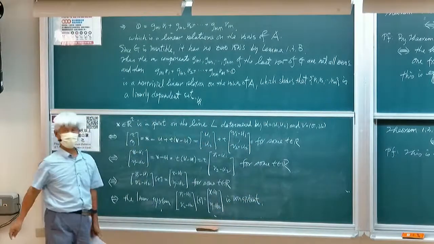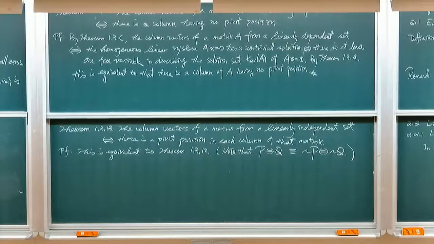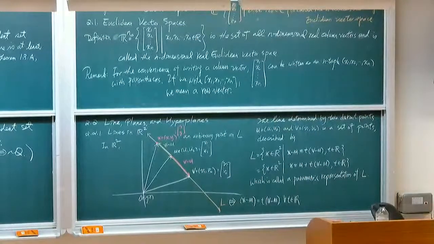So this is our description. A point x is on the line L determined by u and v if and only if a linear system is consistent. So this is our language, linear algebra. Questions?